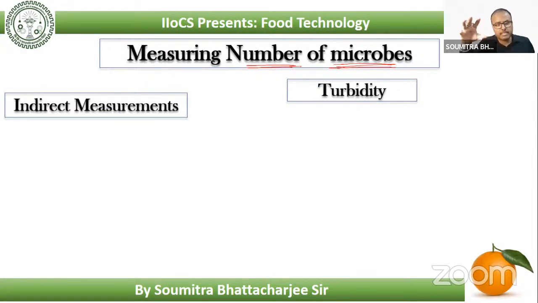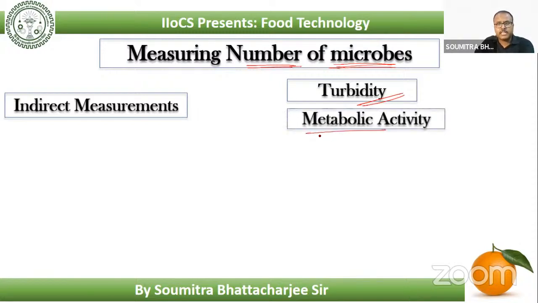When they are showing division or an increase in their number, immediately the complete internal solution of the test tube will become turbid. Turbid means it will be like muddy; complete transparency will not be maintained over here. So by that we can say that the microbe is growing in that case.